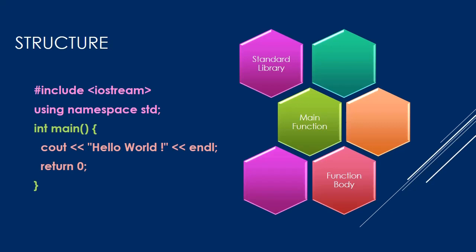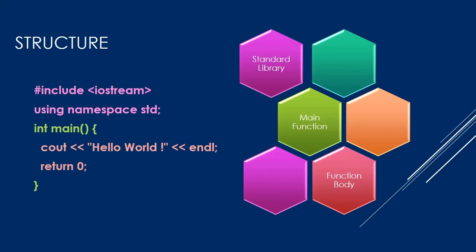For example, here the compiler gives an output as capital H E L L O space capital W O R L D and an exclamation mark, exactly the way it is written inside the double quotes.